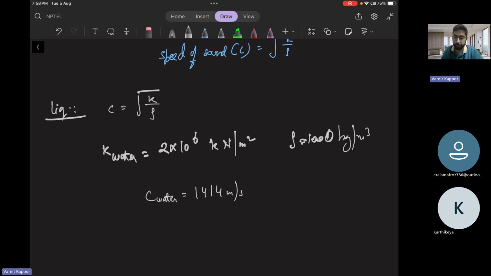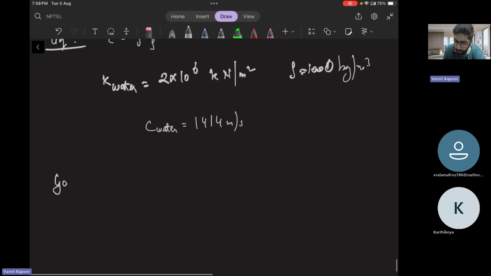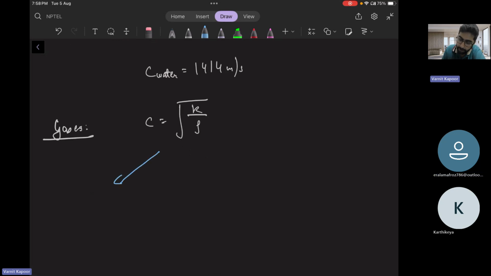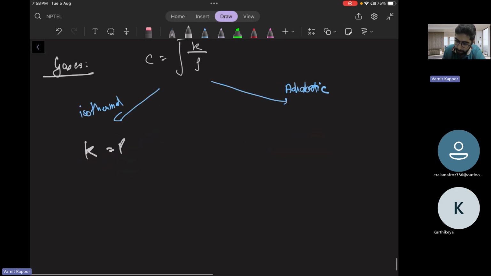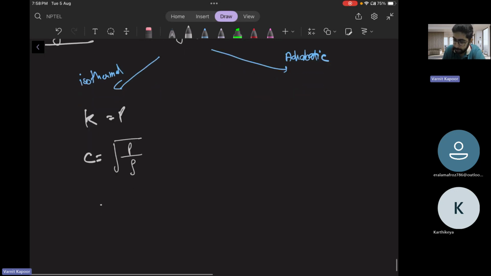Whereas for gases, C is nothing but again square root of K by rho, and here two Ks are there, one for isothermal and one for adiabatic. So in the isothermal scenario, K is P, so C is equal to root of P by rho, and P by rho is nothing but RT, so C is root of RT.